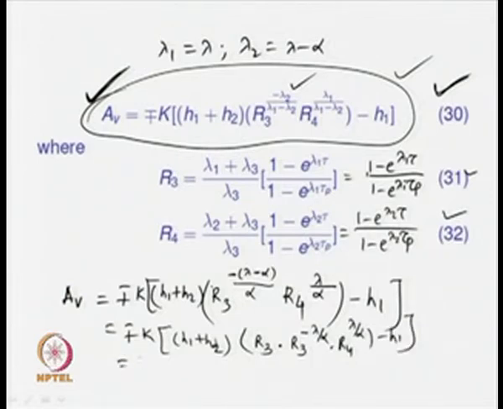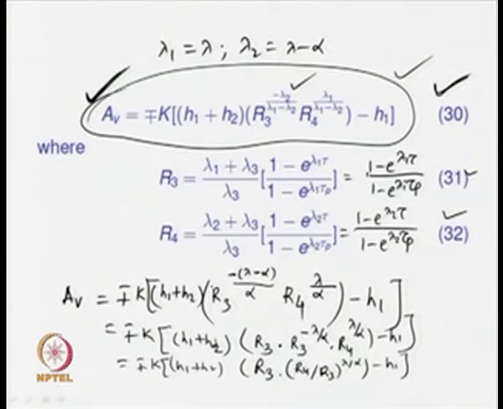Further it can be written in the form of minus plus k H1 plus H2, then R3 times R4 by R3 to the power lambda by alpha, minus H1. That is why I have taken the ratio R4 upon R3.